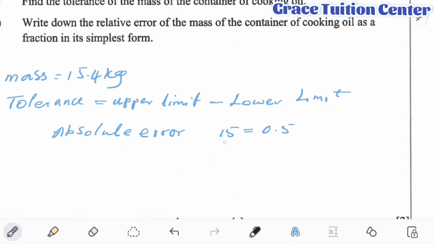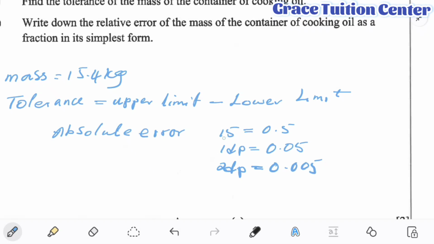Then for a number given to one decimal place, the acceptable error is 0.05. If your number is given to, let's say, two decimal places, meaning two numbers after the point, then the acceptable error will be 0.005. I hope you get the picture here.